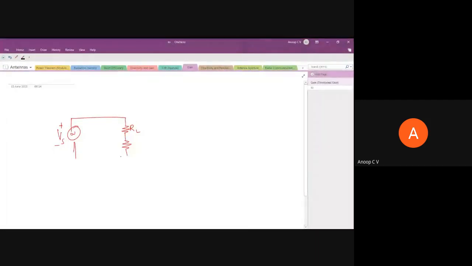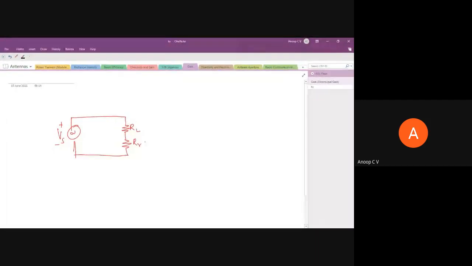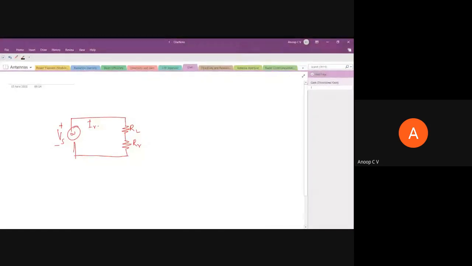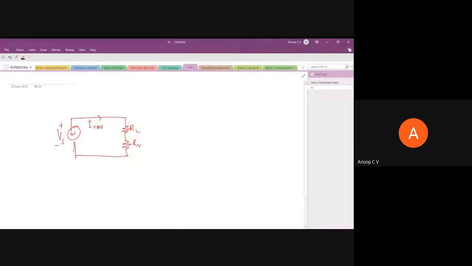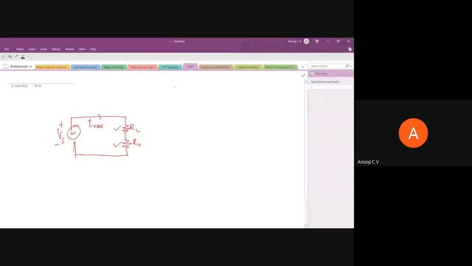If the RMS current through this circuit is IRMS, then power will be dissipated across the loss resistance and power will be dissipated across the radiation resistance.